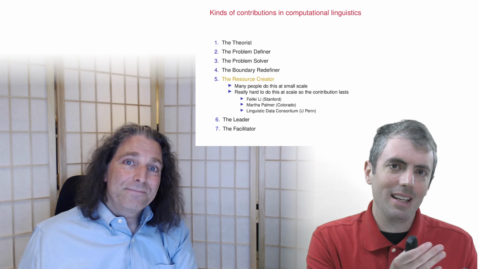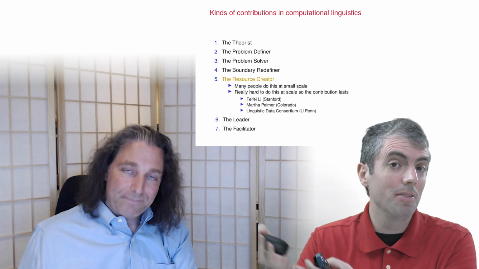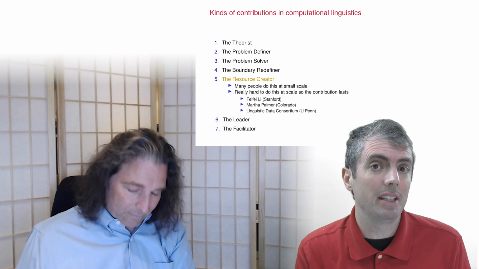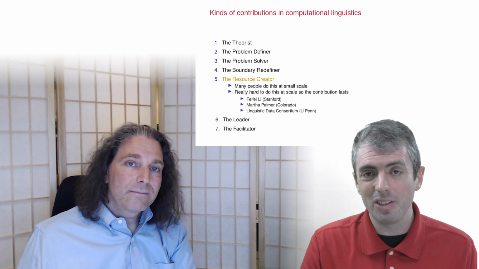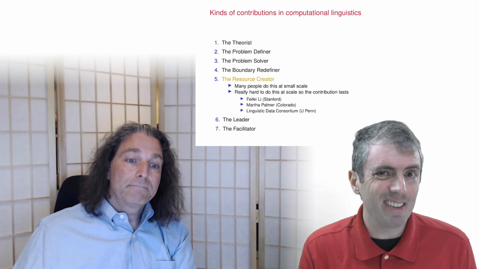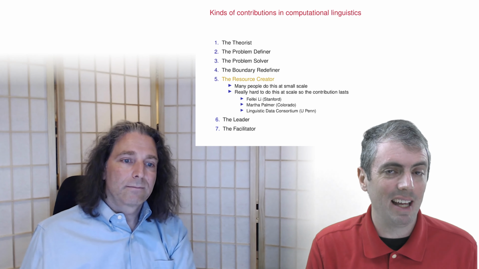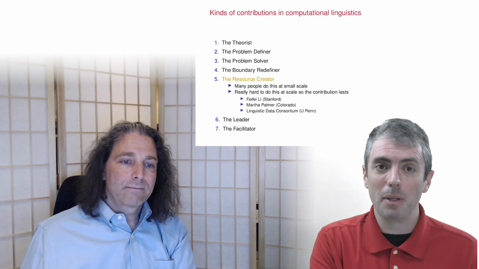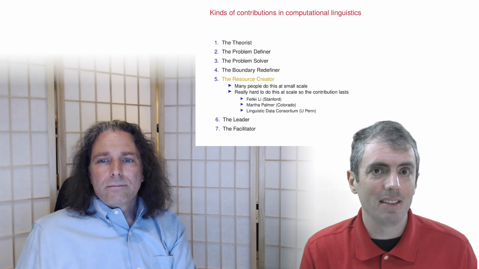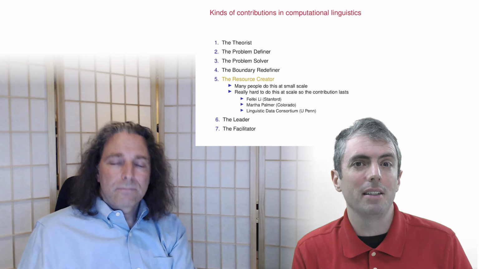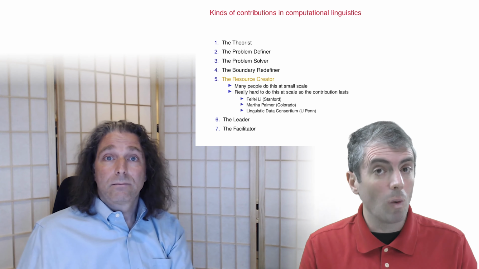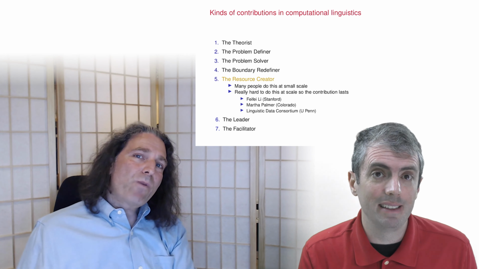And even as the pendulum might move back to more unsupervised techniques, this is still going to be important because even when you're talking about quote-unquote unsupervised data, the quality of the data still matters, and you need to protect people's privacy, you need to make sure that the data are balanced, and so even in unsupervised domains, people who can put together high-quality resources are still indispensable.